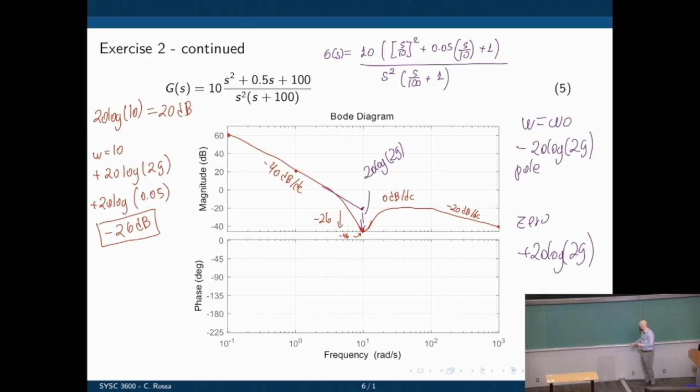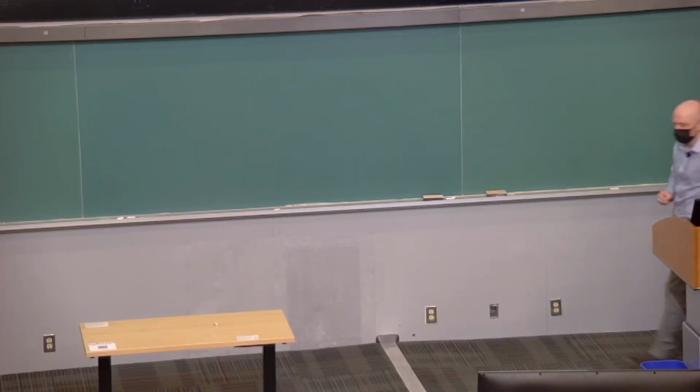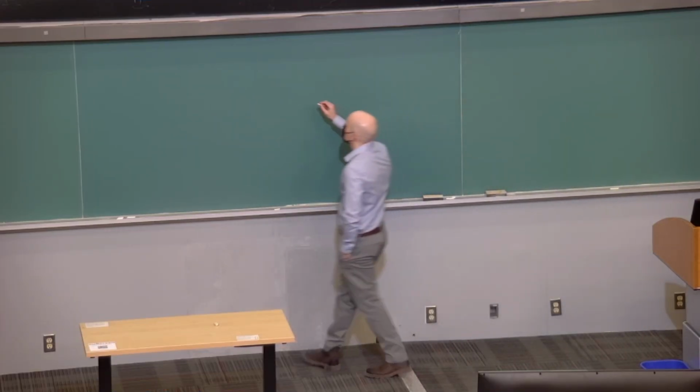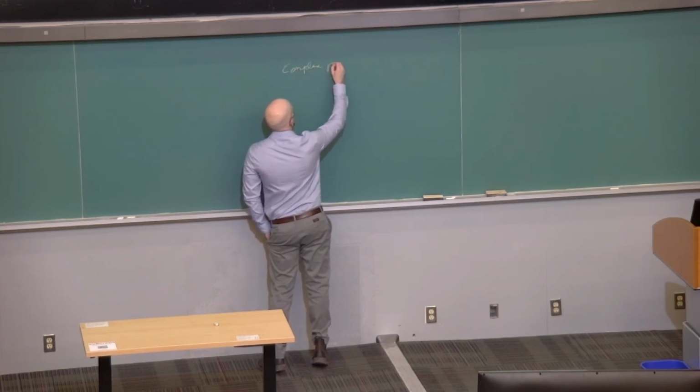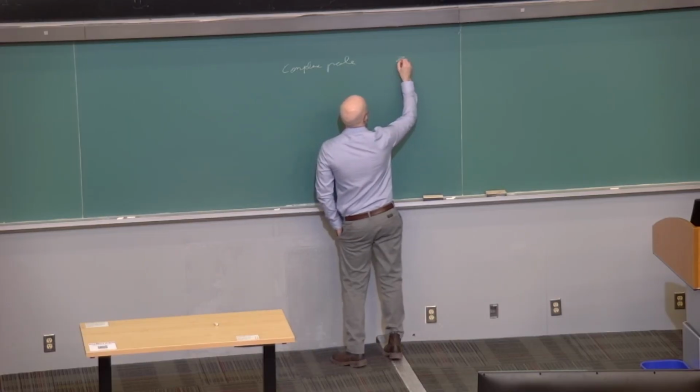Are we good? All good. You understand what is happening at the 0 there? Should we recap what is going on there? So for the pole, let's just write here: complex pole, and then here we have a 0.